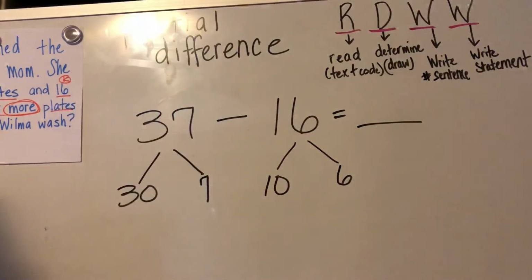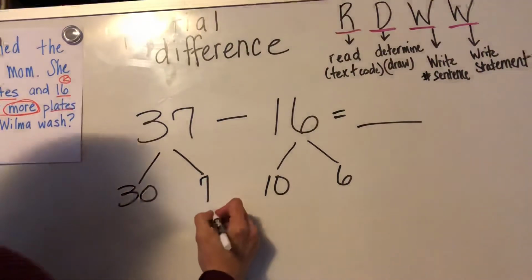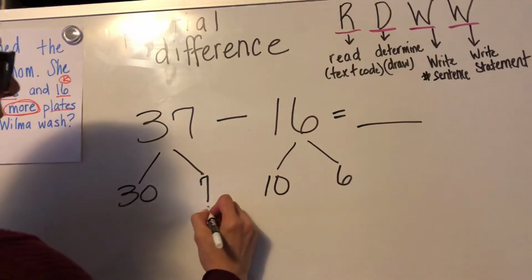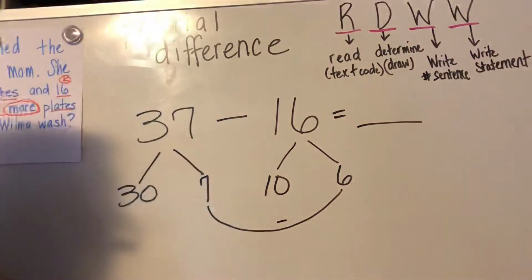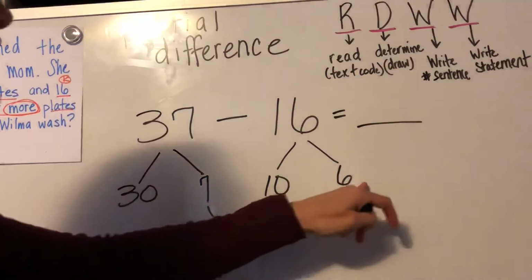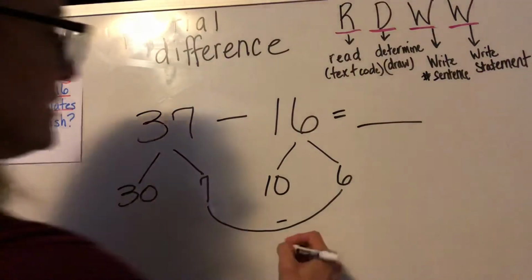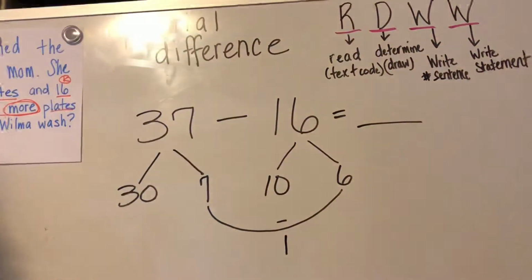Once we have them broken up into their place values, we are going to subtract them. Just like we do with addition, we're doing the opposite operation. So I have 7, and I'm going to take away, and I put that little minus there to remind me. 7 minus 6 is 1. If I had 7 and take away 6, I get 1.